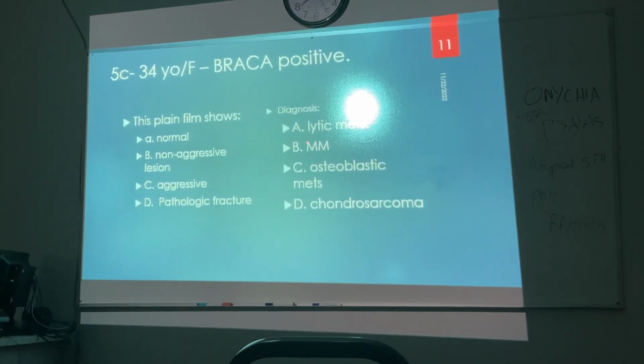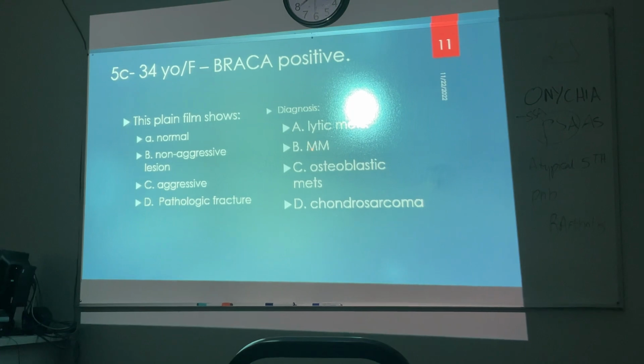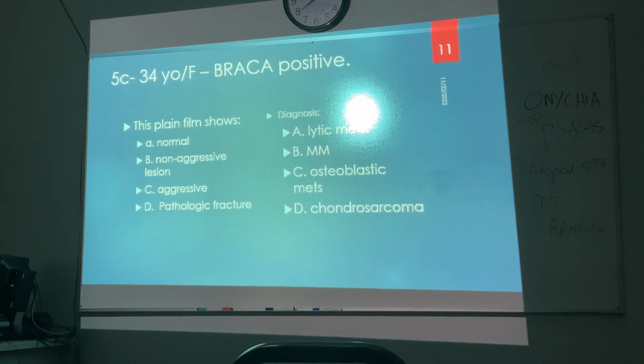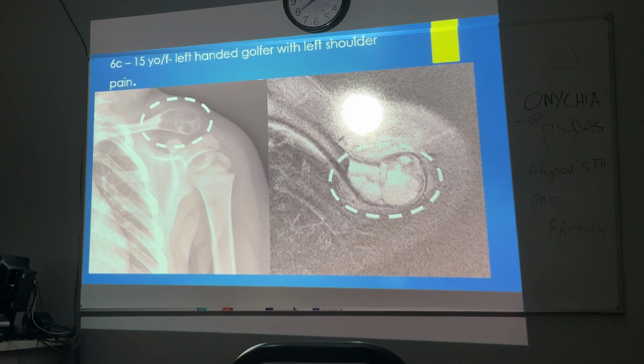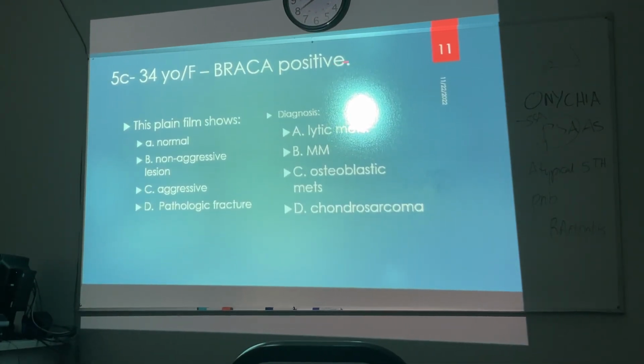It's aggressive. Lytic mets, multiple myeloma, no, it's unilateral in presentation only. That's what you were given, okay? Chondrosarcoma, there's no matrix calcification, it's multiple lesions. So you would have chosen lytic mets for that? Yep. And why? Because lytic mets and BRCA positive go together.